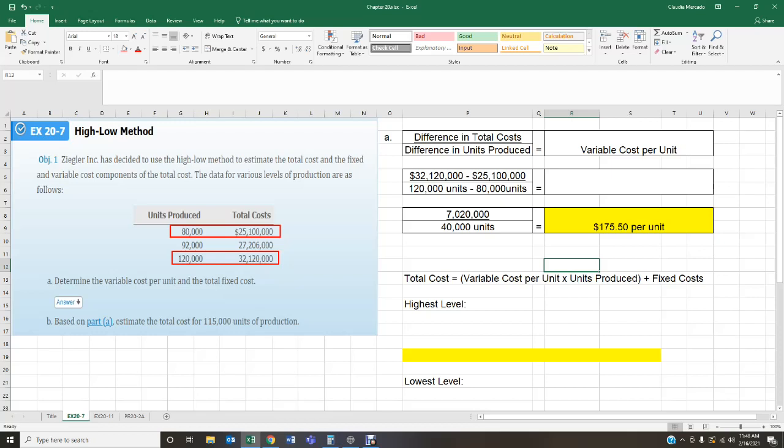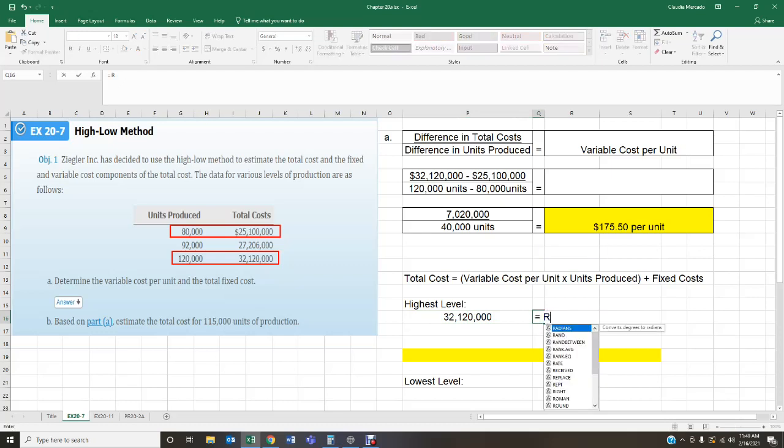So that's why we're going to do some adjustments, I would say. For the highest level, we're going to start off with the total cost. So for my total cost for my high, that was 32,120,000. And then that is equal to my variable cost, which we just calculated of $175.50.